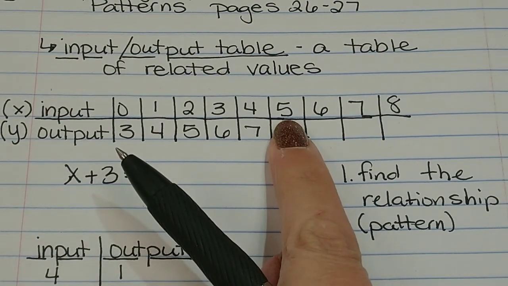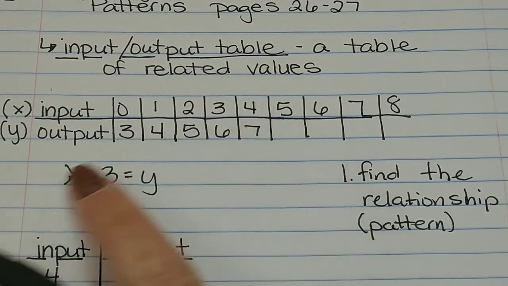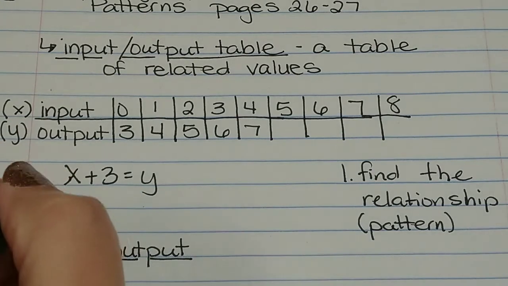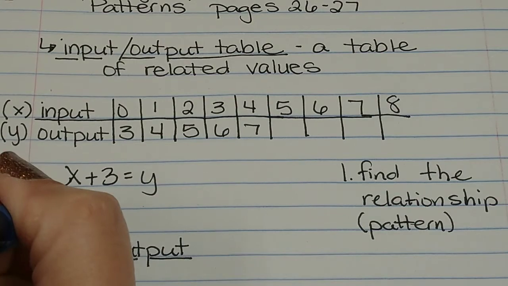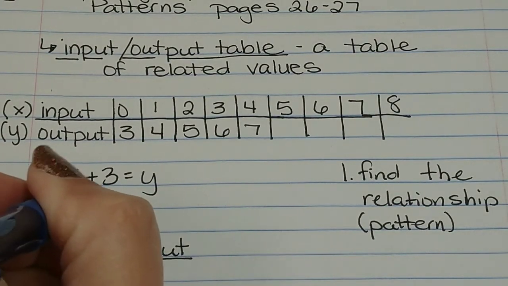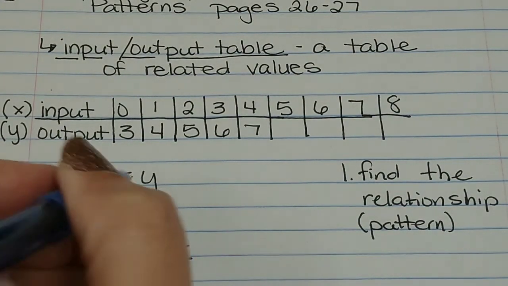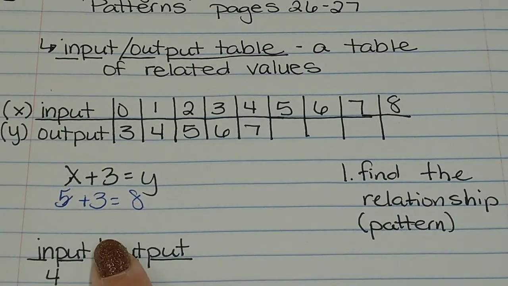Now I can come over here to 5, and I can say if 5 is x, I have 5 plus 3 equals what number? It would equal y. So for this one, it would be 5 plus 3 equals, and we know that equals 8.